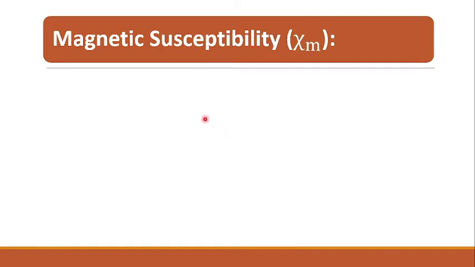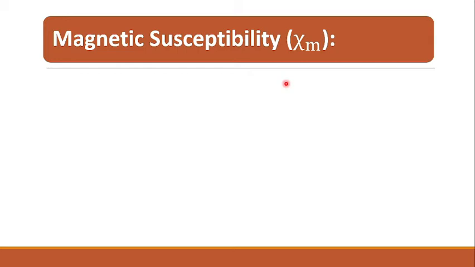Let us move to another property called magnetic susceptibility, denoted by Chi-m. In magnetostatics, the magnetic susceptibility Chi-m is the measure of the magnetic properties of a magnetic material.